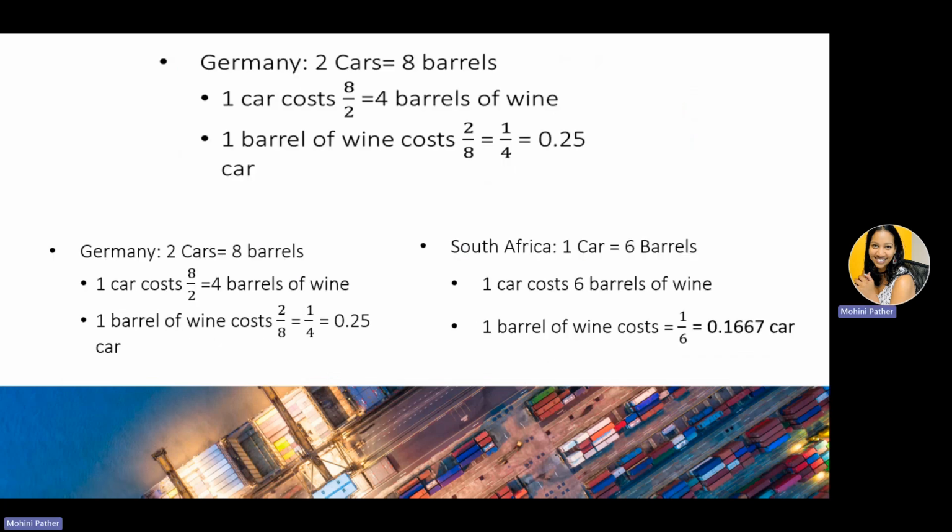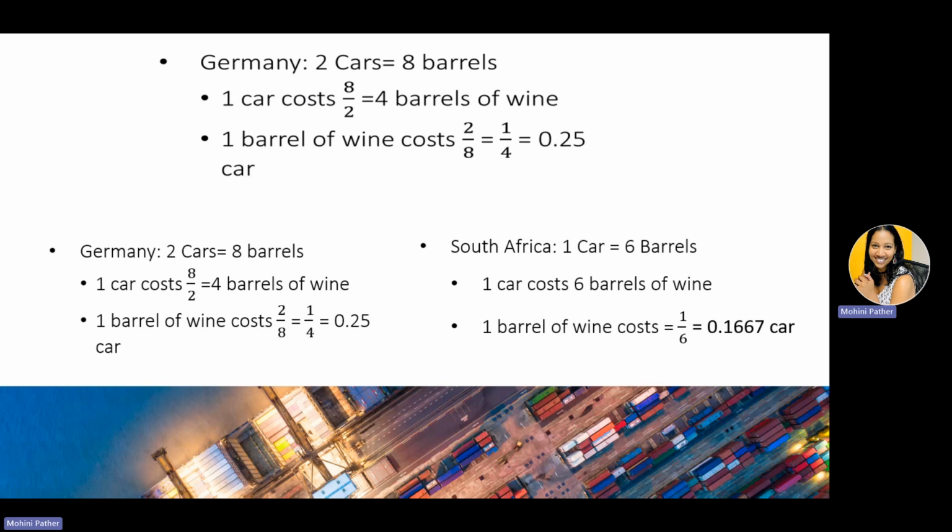Absolute advantage is pretty easy to establish. You can look at it and see that one country is very good at producing one product or both products, like in this case. But when you're looking at relative advantage, you have to do some calculations. You're going to have to bring it down to what 1 car will cost per barrel.